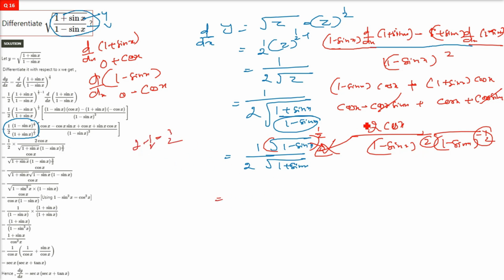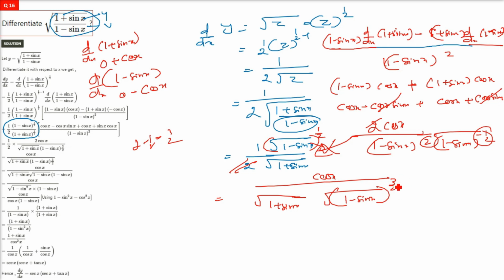So 2 and minus half will be added. This 2 I am cancelling. In the numerator it is going to be cos x. In the denominator you have the square root of 1 plus sin x. You can keep it like that. And in the denominator, as I said, it will be 1 minus sin x to the power 2, and minus half, that is power 3 by 2.